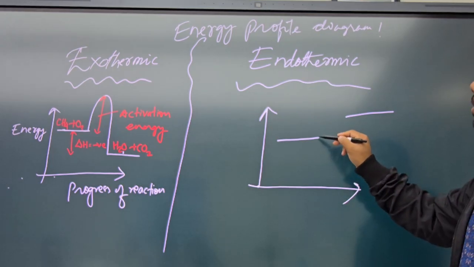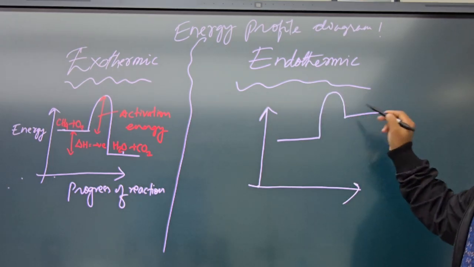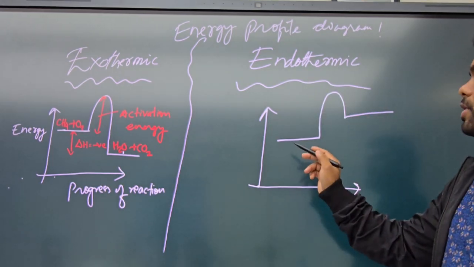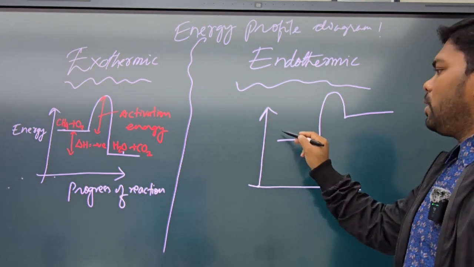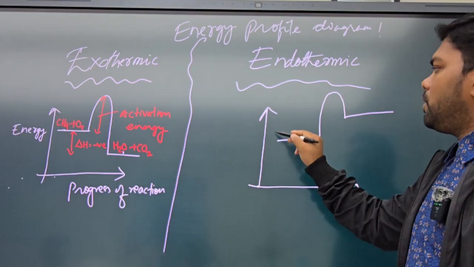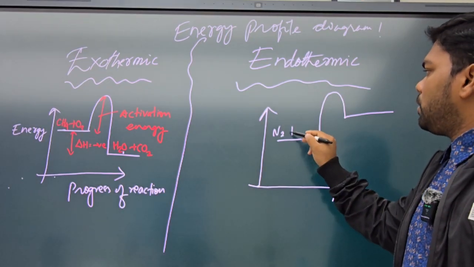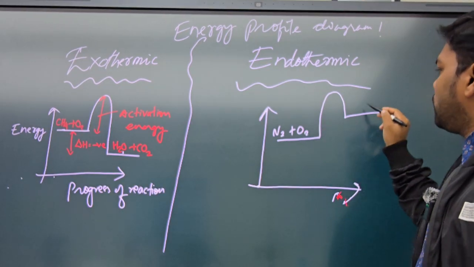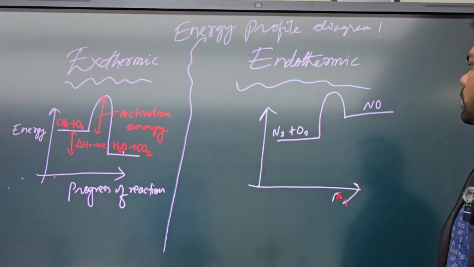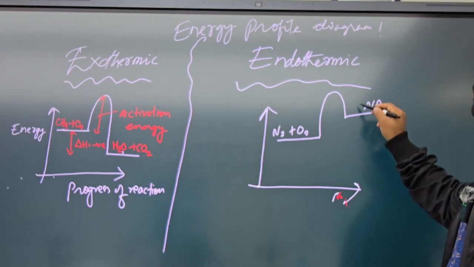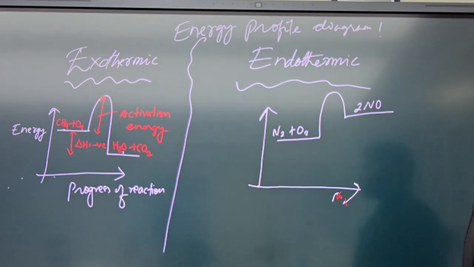Now join the line here, the peak. For example, nitrogen reacts with oxygen and you get nitrogen oxide. Let's say 2 nitrogen oxide.